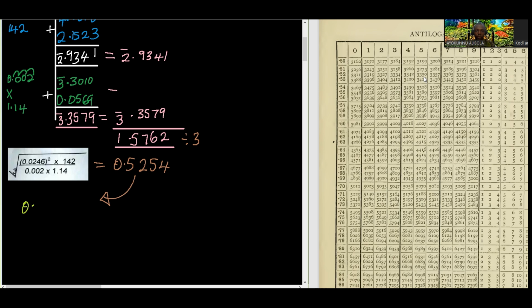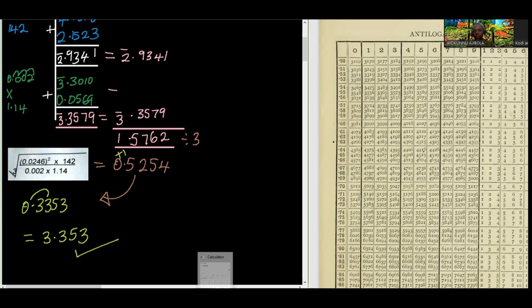So this is 3350 plus 3, making 3353. So we have 3, 3, 5, 3. But if you add 1 to this, based on the custom that you add 1 to know where your point will be, if it's 1, it will become 2. But now it's 0, it's 1. So you shift your point one step. Then the final answer is going to be 3.353.